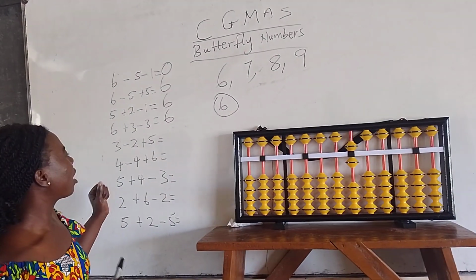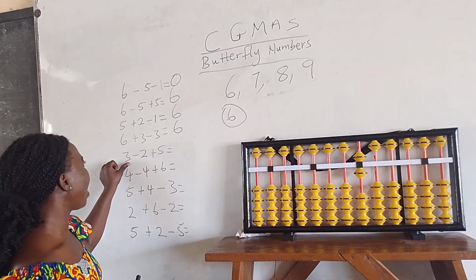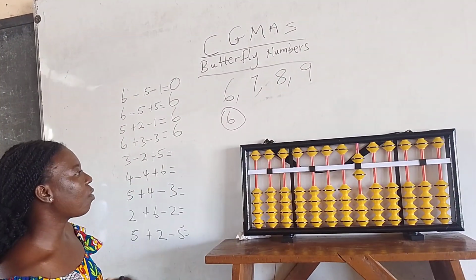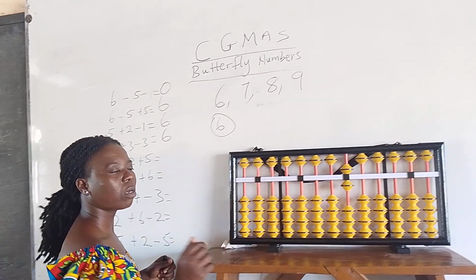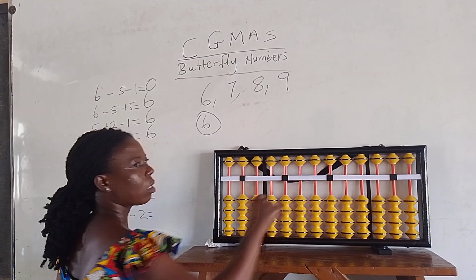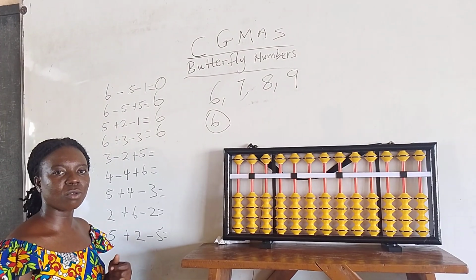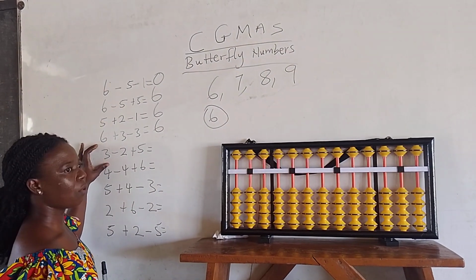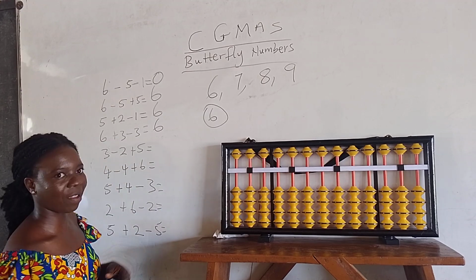Alright. So now we have 3 minus 2 plus 5. First of all, I'll clear my tool. And after I clear my tool, I can now go on and do our 3 minus 2 plus 5.